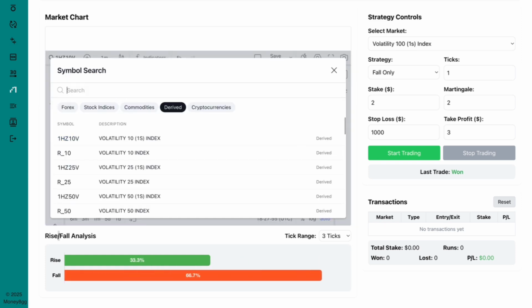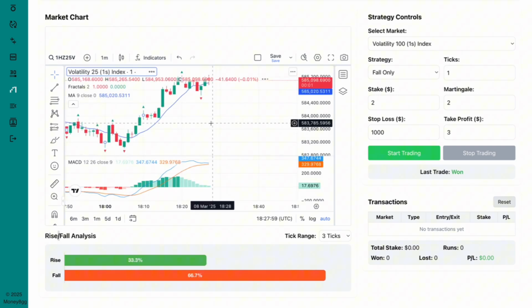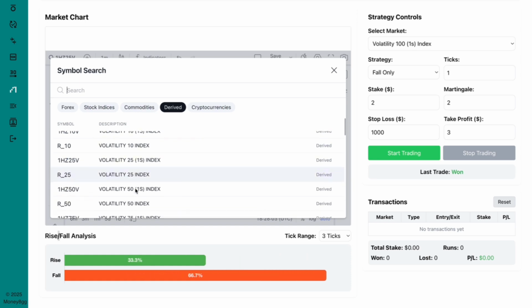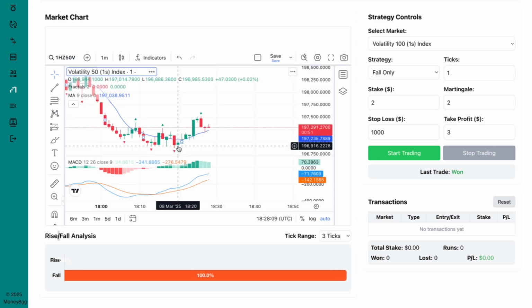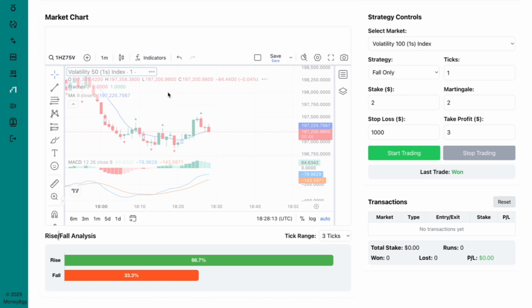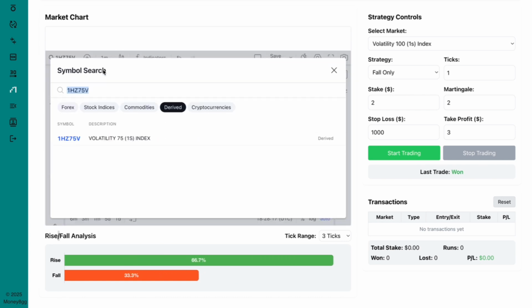Nope. 25 on S. So you can see I'm doing a very simple thing. I'm just being patient here. 25 on S, 50 on S. If there's no market, we just keep going, just switching them.